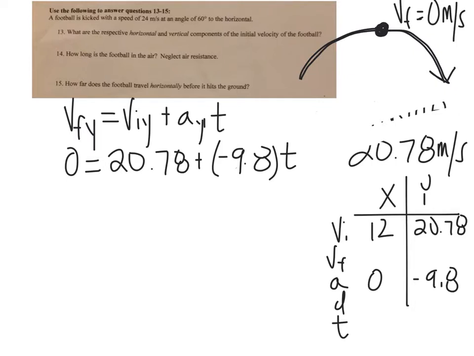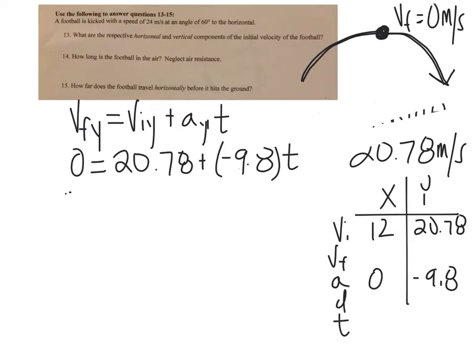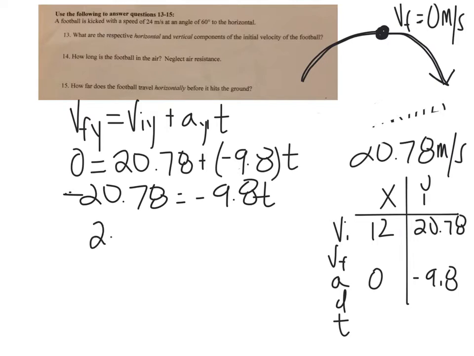So in order to solve this, I'm going to subtract the 20.78 to the other side. And that equals negative 9.8 times time. And then in order just to get time, we're going to divide, and that is going to get us 2.12 seconds. So it takes the football 2.12 seconds to get to the highest point.